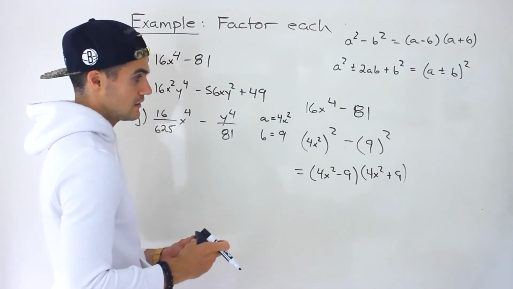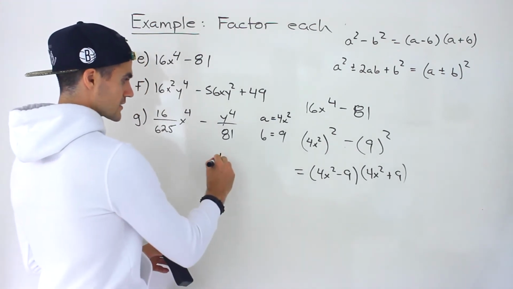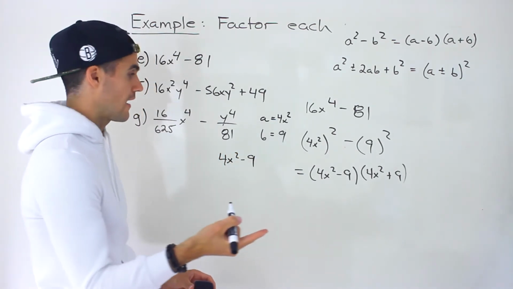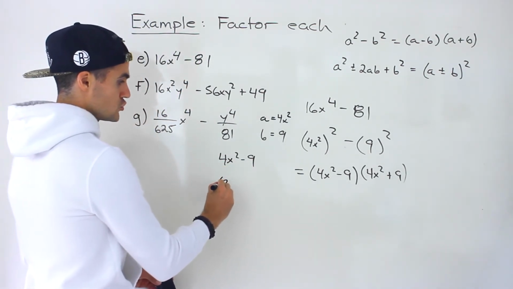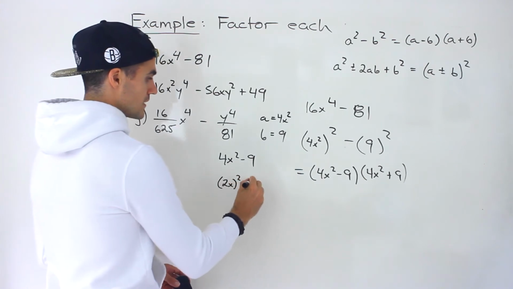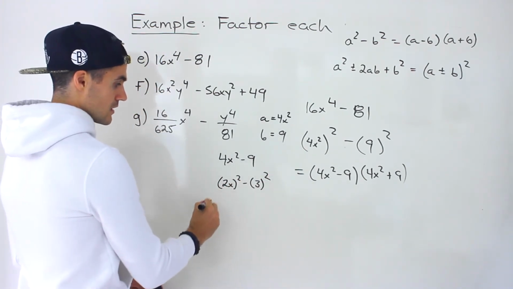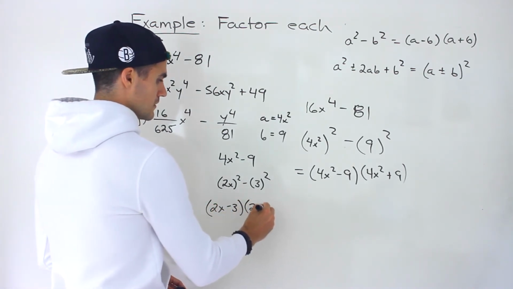But notice here, this is not the final answer, because the 4x squared minus 9, we can actually factor further, because that's a difference of squares. So we could rewrite this as 2x squared minus 3 squared, a squared minus b squared, and so that's going to be a minus b, a plus b.